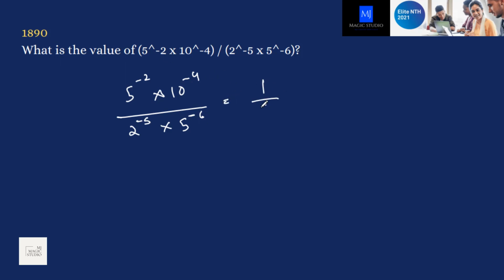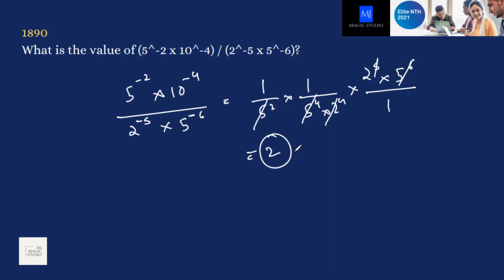So this is actually 1 by 5 square into 1 by 10, which is 5 into 2, and this would be 1 by 2 to the power 5 and 5 to the power 6. So we are left with 2, 5, 4, 5, 2 is 5, 6 gone, left with 2. 2 is the answer. Please practice the simplification. Those were there on each screen.